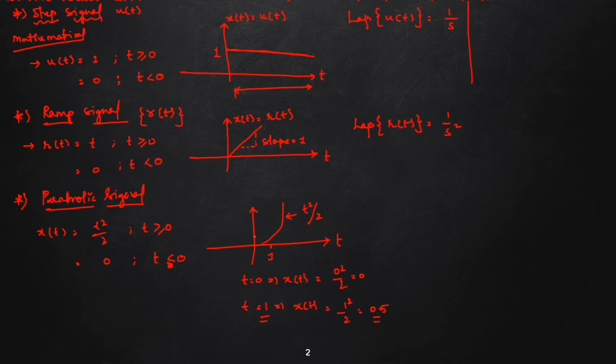If you keep increasing the t values and plot this, you will get something like this. This is the x of t parabolic signal representation.